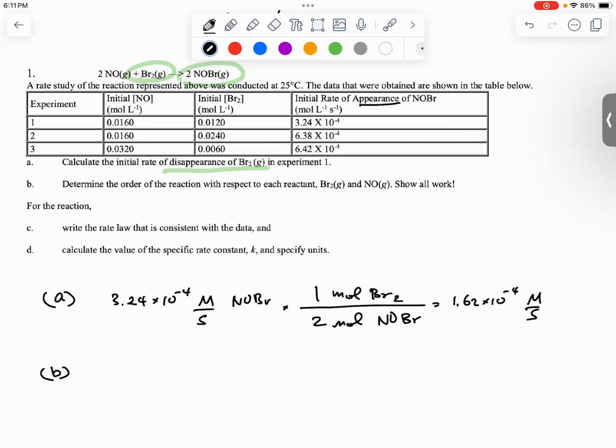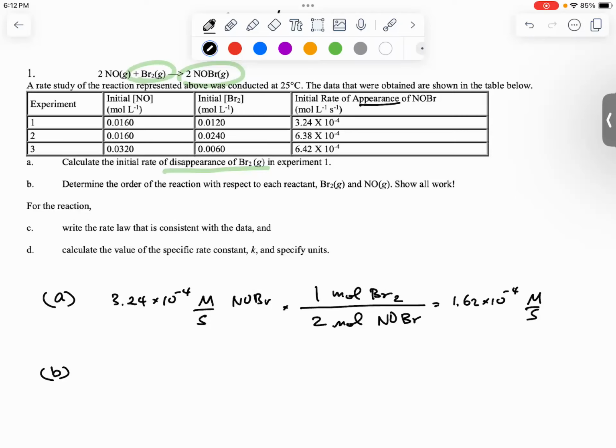The exponent. How do you find the exponents for Br2? We can't just use the coefficients, because it doesn't say it's an elementary step. Without this keyword, there's no green light. We cannot use it.